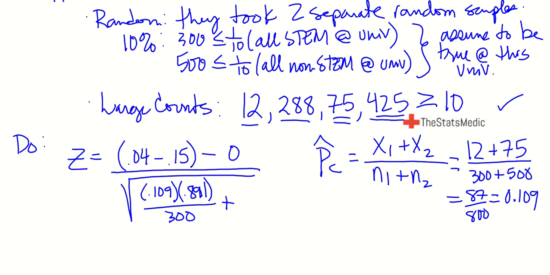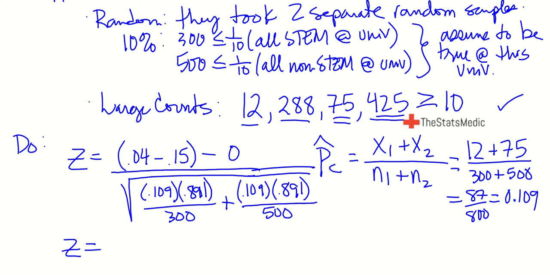And to that, we'll add, again, the proportion of the sample as if they were 1, which is the same thing, 0.109, times 1 minus that, 0.891, and we'll divide that by the size of the second sample, which is 500. That's how we find our z.